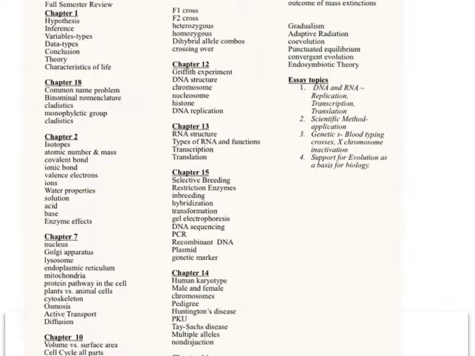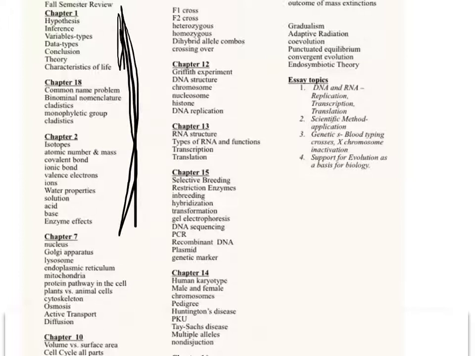Basically, if you look at chapter 1 right here, the multiple choice questions all had to do with either hypothesis, inference, variable types, data types, conclusion, theory, or characteristics of life. So if you're in group A and B and you've been assigned chapters 1, 18, and 2, basically all the terms you're going to find are located right here, because that's all you're going to be responsible for in the December assessment.